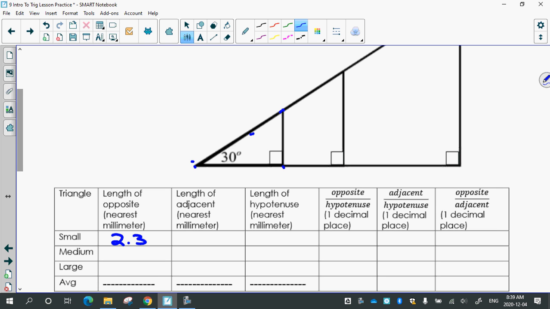Okay, so now we're measuring the adjacent, so that's from the tip to here. I've got 3.7. How many people got 3.7? A little different.